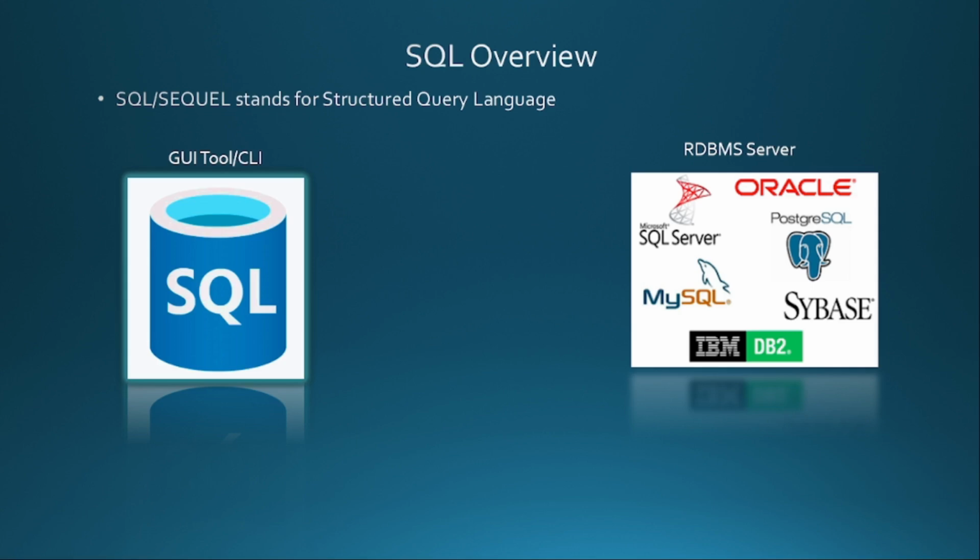When we run a SQL command like select star from EMP table, the command sends the request to the database server like PostgreSQL, which internally performs complex operations to run that select star from EMP, and sends back the result in the form of a response, a table, back to our GUI tool.